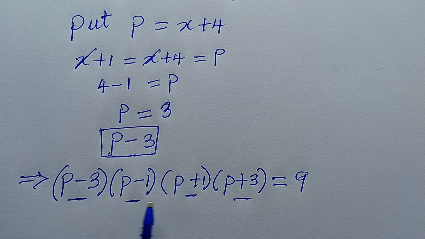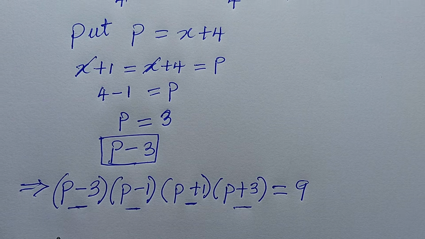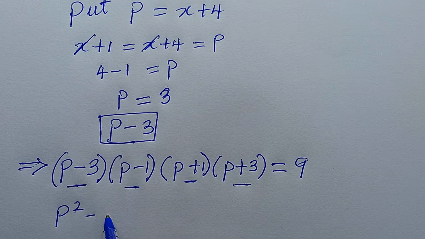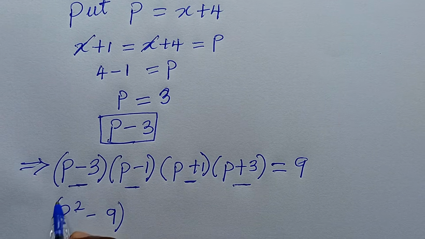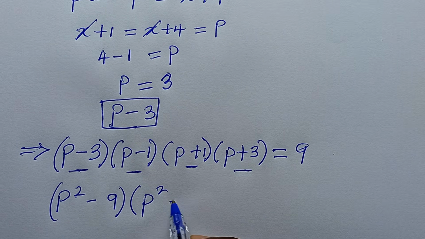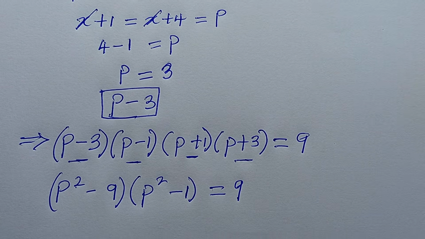So if we apply the law of multiplication of conjugates, what's going to come up here is (p to the power of 2 minus 9) times (p to the power of 2 minus 1), everything equal to 9 here.